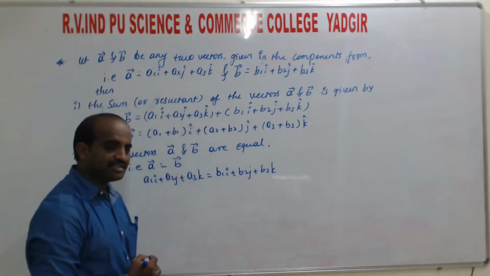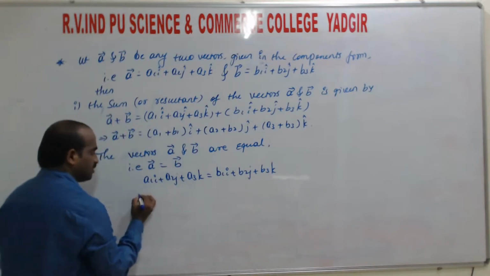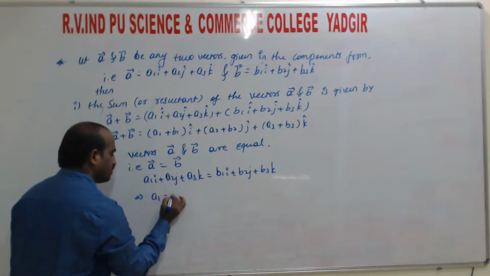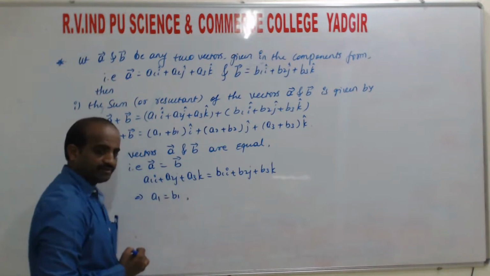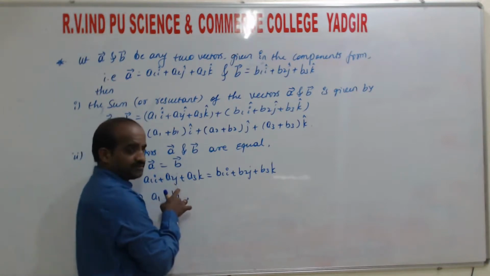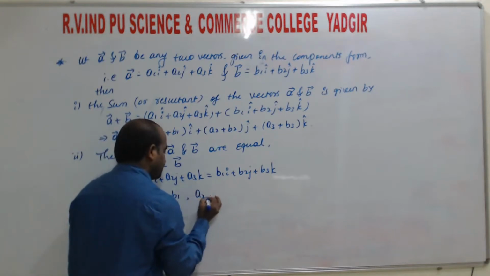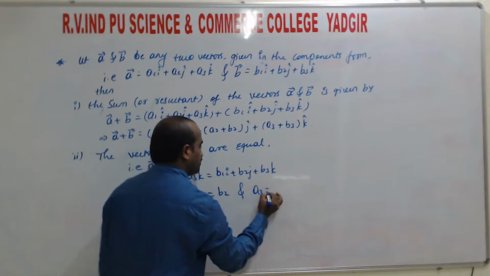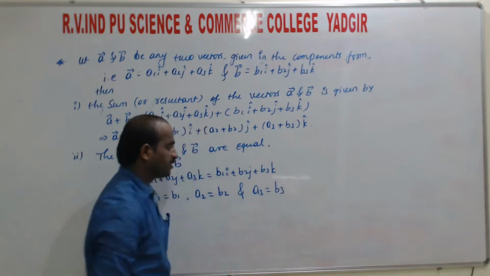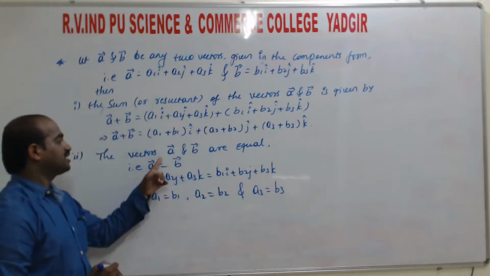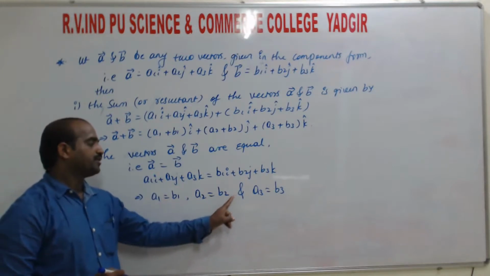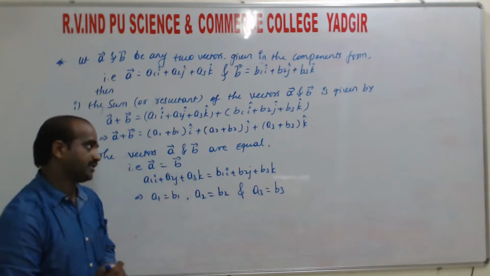Equating coefficients of i, j, k, this implies a1 equal to b1, a2 equal to b2, and a3 equal to b3. Two vectors are equal if a1 equals b1, a2 equals b2, and a3 equals b3.